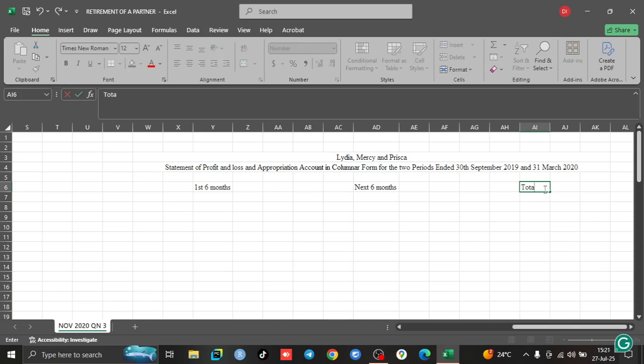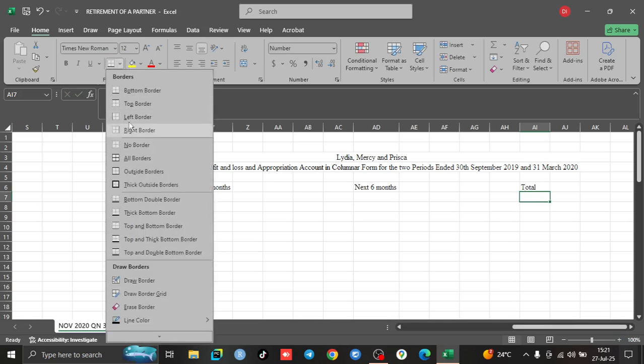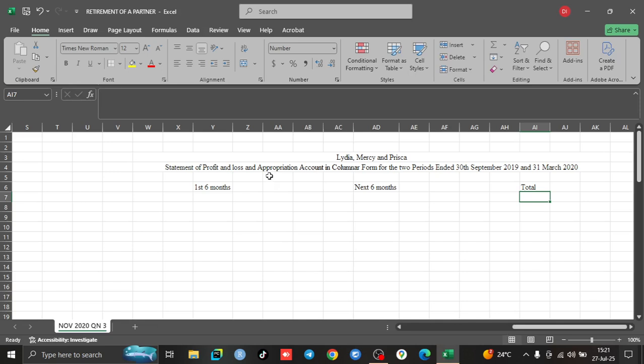It's essential to have the total for reporting to the statement of financial position. So we can create a border here from that specific place, then another border around here, then a border for the total.